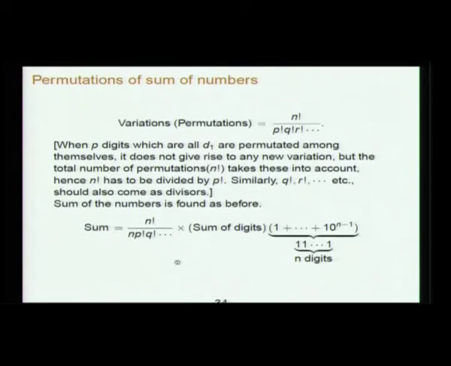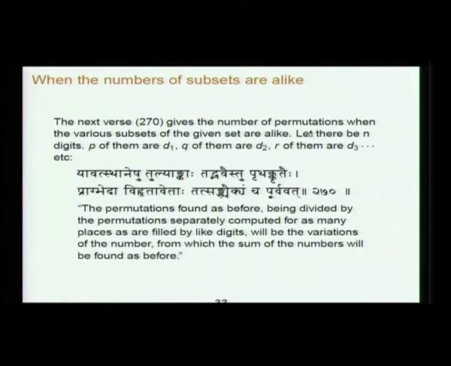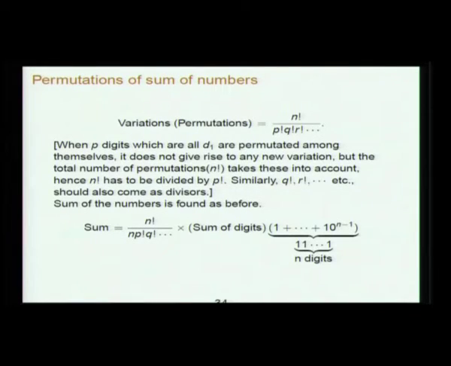So, essentially he is saying that the number of permutations will be factorial n divided by factorial p, factorial q, etc. If the subsets are there with p which are alike, q which are alike and so on, then you have to divide factorial n by these, because when you permute among themselves, no new permutation is going to occur. So, for correct counting you have to divide by them. This is the first time it is being stated in Indian mathematics.